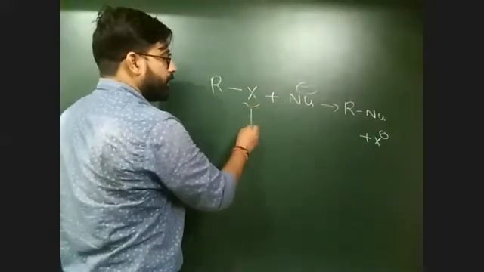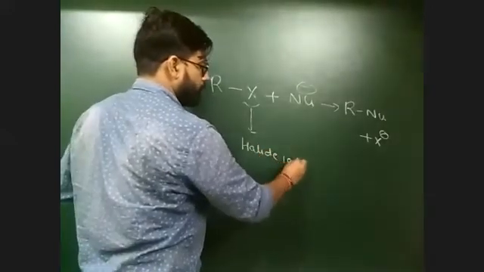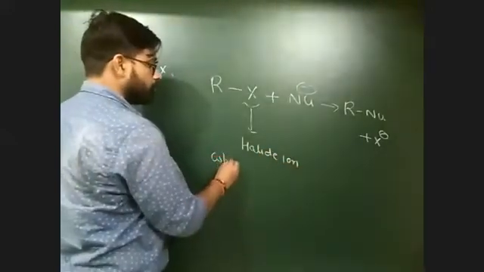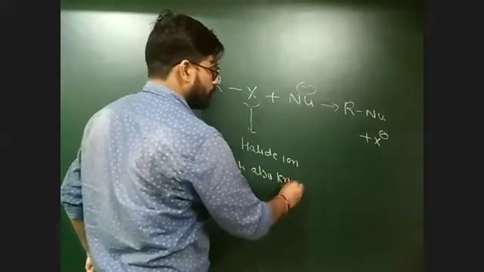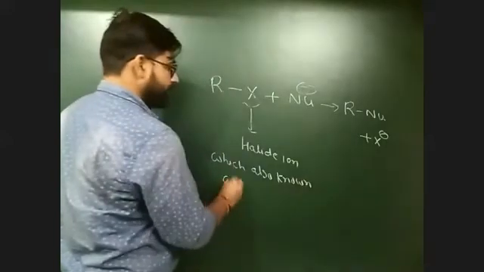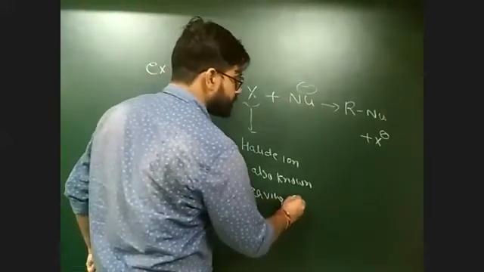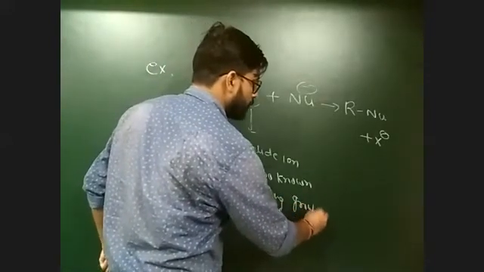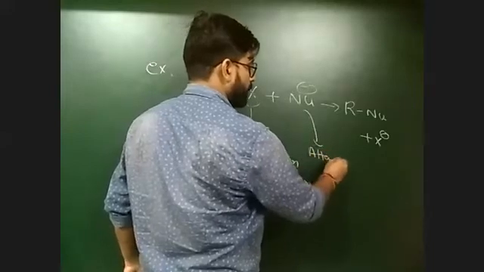Here X minus is the halide ion, which is also known as the leaving group, the leaving species, and this one is the attacking nucleophile.